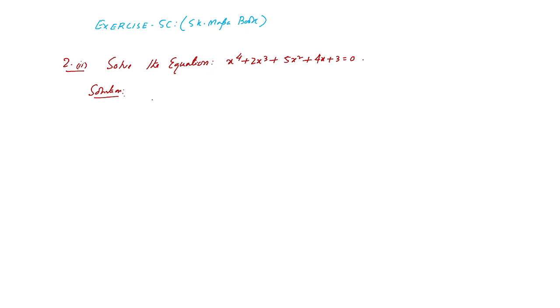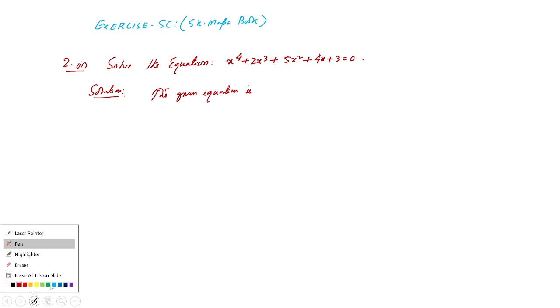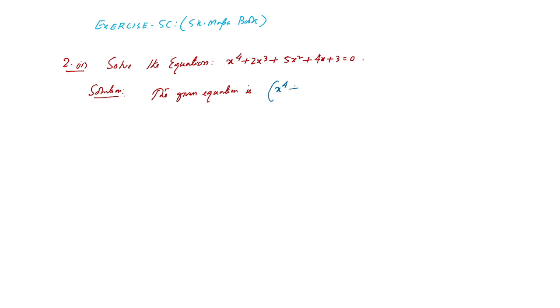First we will write the given equation: x to the power 4 plus 2x cube plus 5x square plus 4x plus 3 equals 0.